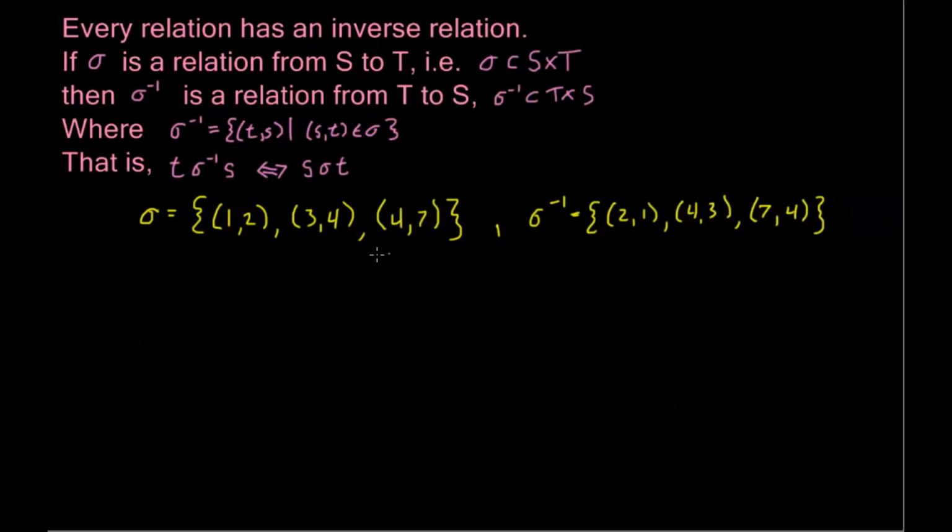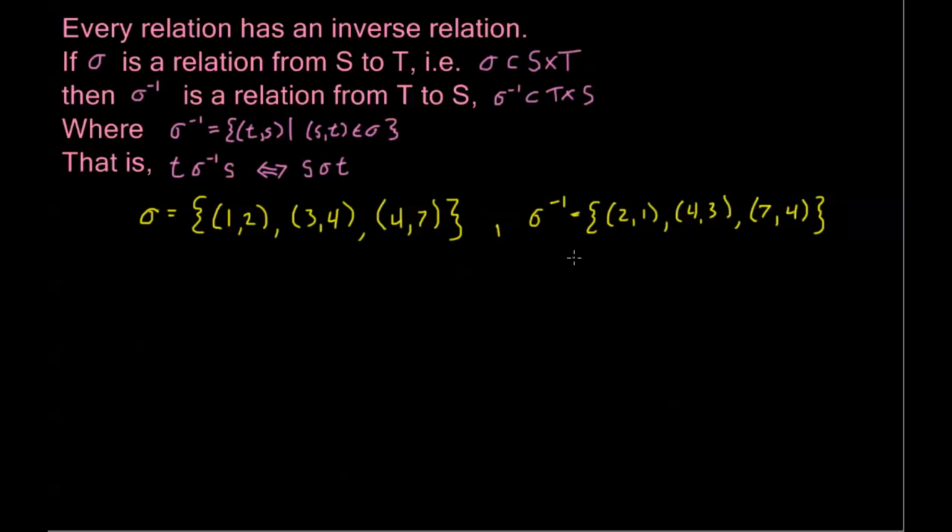Right? So we can really just think of it, if we have a relationship sigma, the inverse is going to be taking all these ordered pairs and flipping the roles of the elements of the ordered pairs, and we get our sigma inverse. So for every correspondence we have with sigma, we have the exact opposite correspondence with sigma inverse.